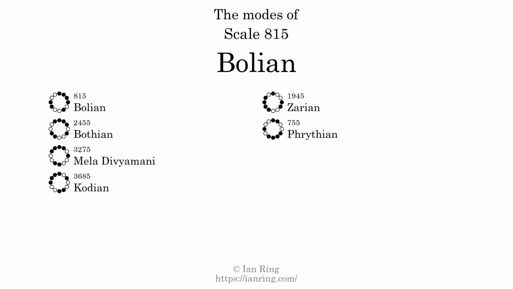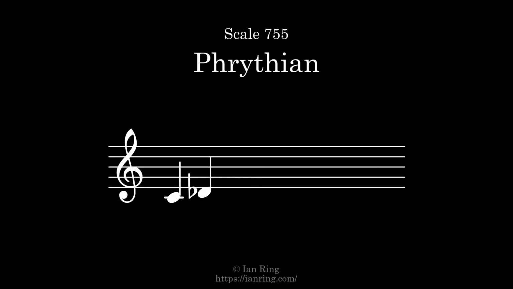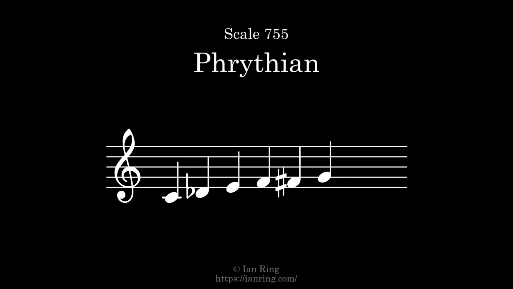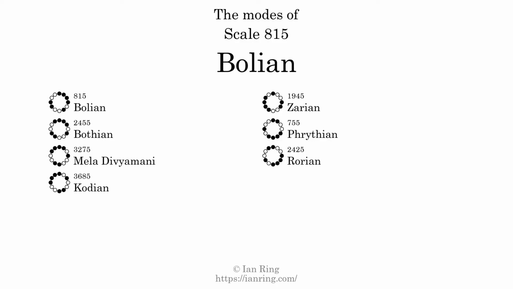The sixth mode is scale 755, also known as Frisian. It sounds like this. The seventh and last mode is scale 2425, also known as Raurian. It sounds like this.